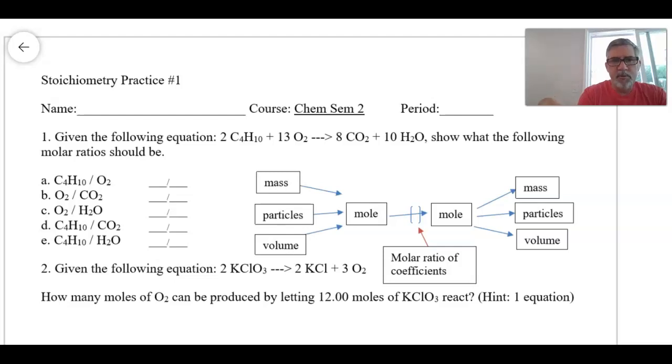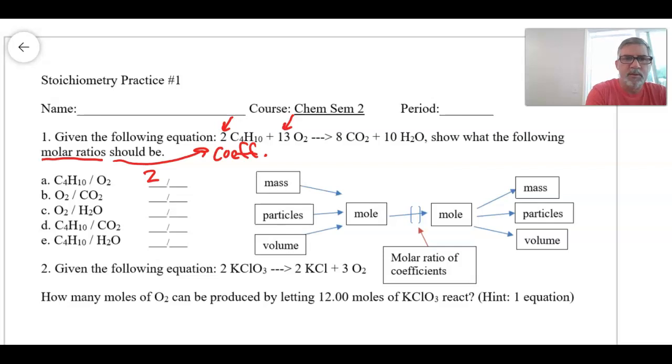All right, so the first set of problems ask you for molar ratios. Remember, molar ratios are coefficients. So these are the coefficients. When we look at propane to oxygen, my ratio is simply 2 to 13.